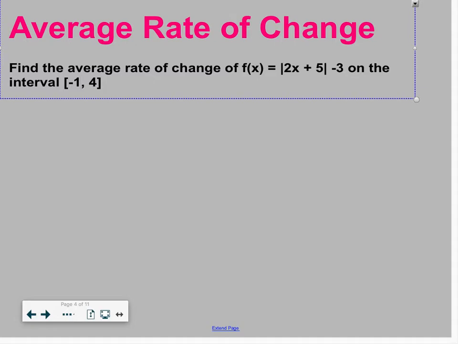I'd like you to find me the average rate of change. Feel free to work as a pod. But from negative 1 to 4, what is the average rate of change of the absolute value of the quantity 2x plus 5 minus 3?